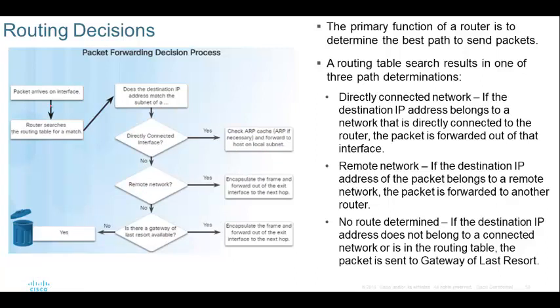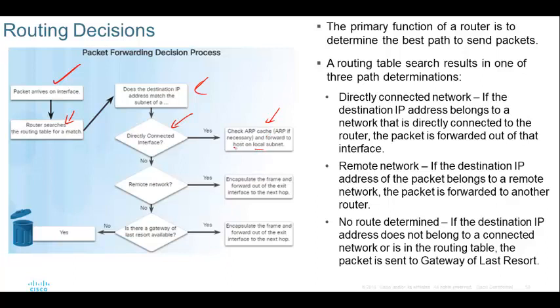Now, it will decapsulate and take the destination IP address and try to match with the routing table. If it is matching with the directly connected, then use the ARP table, know the MAC address, put the MAC address and send it to that host computer connected.